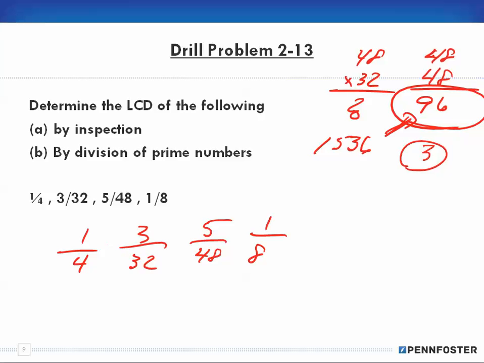Okay. Now I'm going to go to a blank slide, and I'm going to rewrite the numbers and do it by inspection, and then check by division of prime numbers. So I have 1 over 4, I have 3 over 32, I have 5 over 48, and I have 1 over 8.